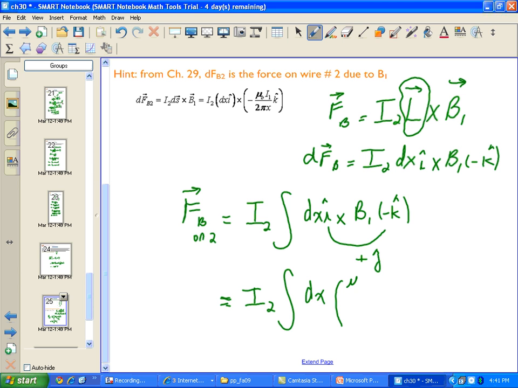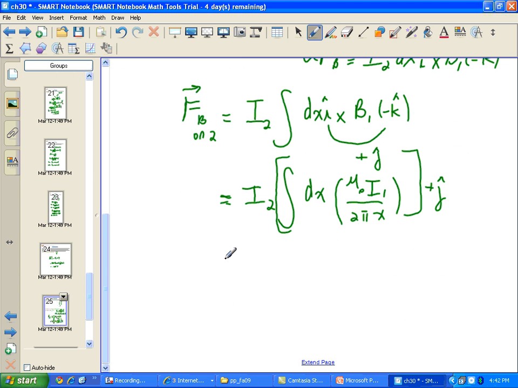Well, b1 is mu naught I1 over 2 pi x. The direction, of course, is positive j hat, so we'll just place it right here. And let's go ahead and pull out all the constants. We're going to have the ends of the integral to work out.